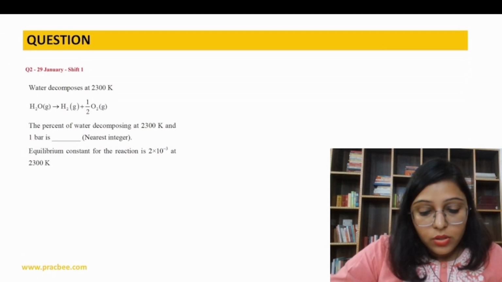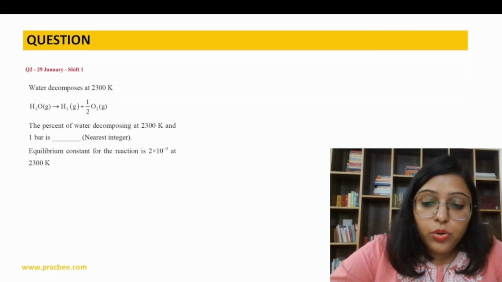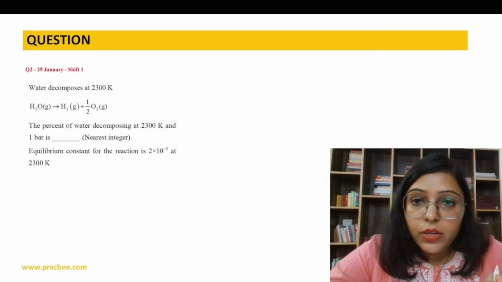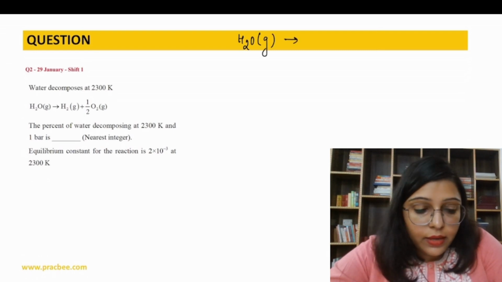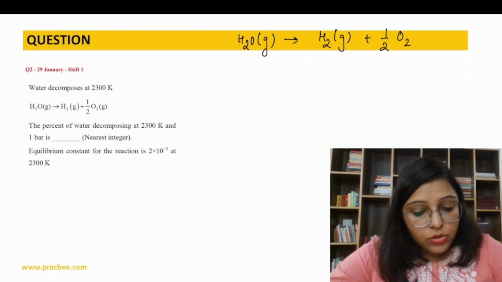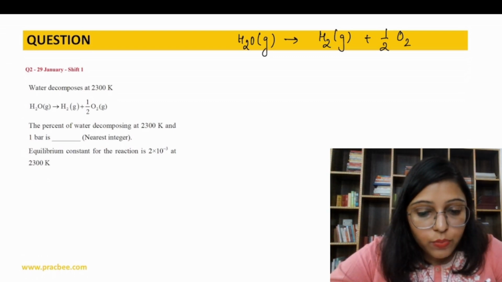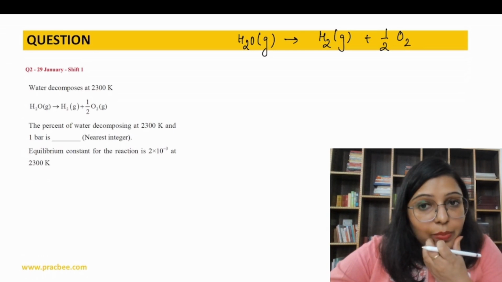Okay. So the first question: water decomposes at 2300 Kelvin. Like this, H2O gas gives H2 gas and half O2 gas. So the percent of water that decomposes at 2300 Kelvin and 1 bar is.